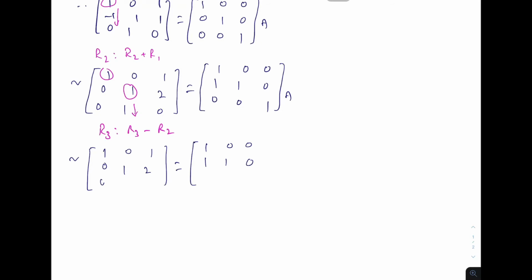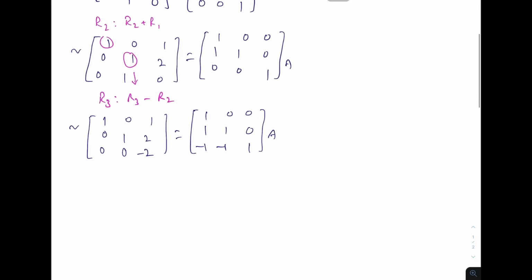Now R3 minus R2, so this is 0, this one is 0, R3 minus R2, so this one is minus 2. Similarly we need to apply here R3 minus R2, so that will be minus 1 and 1 A.